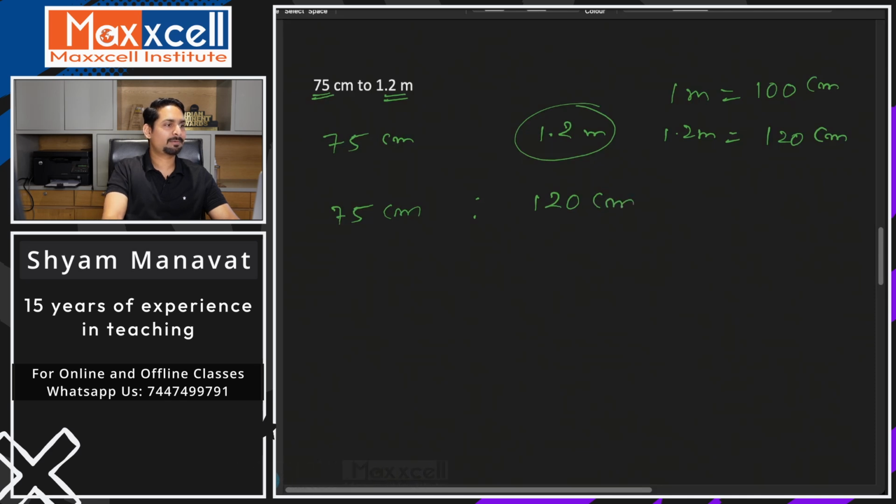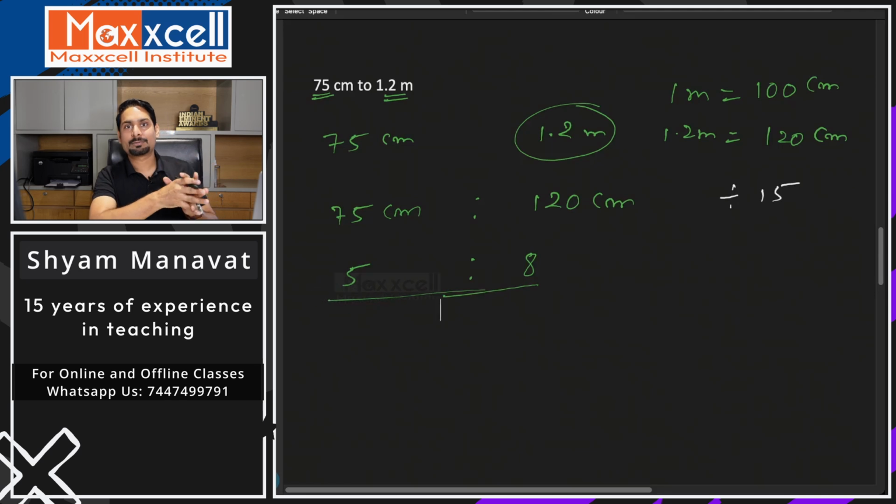Now let's simplify this. Can we divide both by 15? Yes, we can. 15 5s are 75, 15 8s are 120. Do you get this? Again you got 5:8. So different number combinations may get you the same ratio.